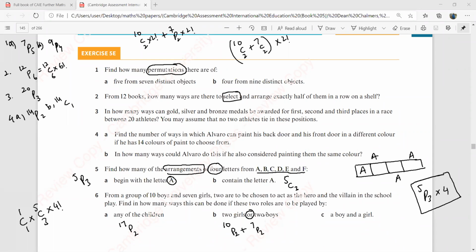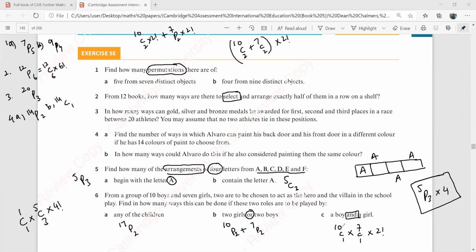If you have any objection, let us know. If there is no objection, then you move on to a boy and a girl. There will be 10C1 times 7C1 times 2 factorial, because any one of them can be hero or the villain.